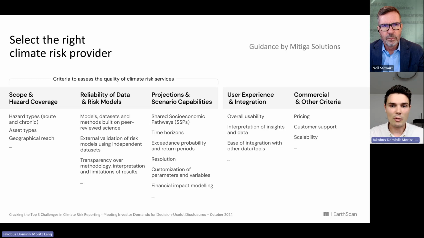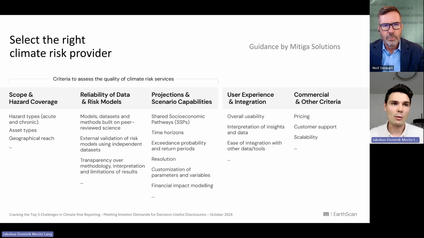We see, for example, that some climate models do extremely well on land, but are less reliable on water. So if you, for example, operate offshore assets, this is something you want to factor into that decision. And that really is one of the pillars.